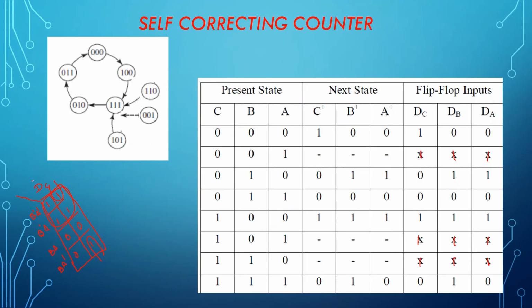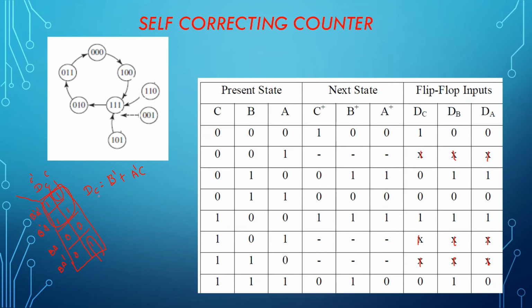And here it is C dash C. If I want to write an equation for DC, my DC equation will be B dash. Very similarly, the term I am having here will be B dash plus, you have the term A dash C. For DC it will be B dash plus A dash C. So the equation for DC is this one.